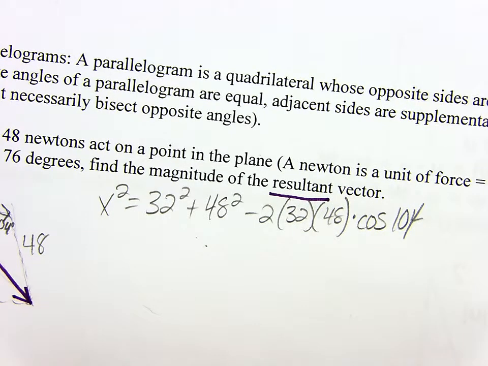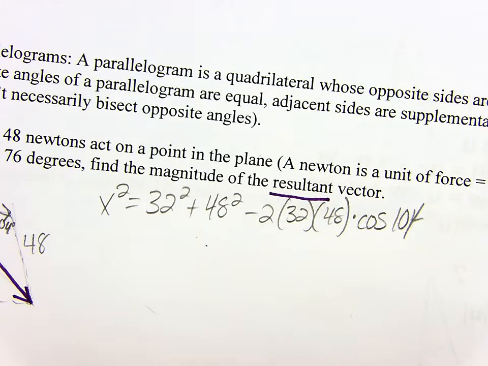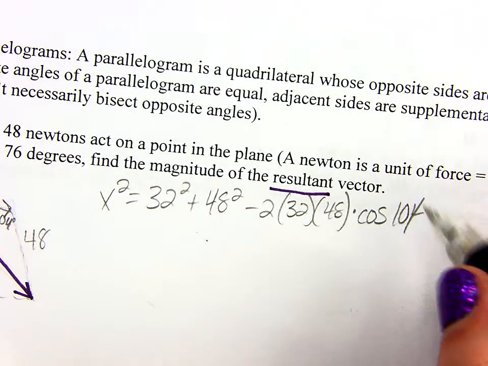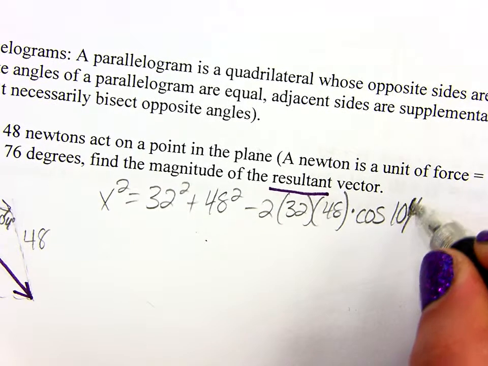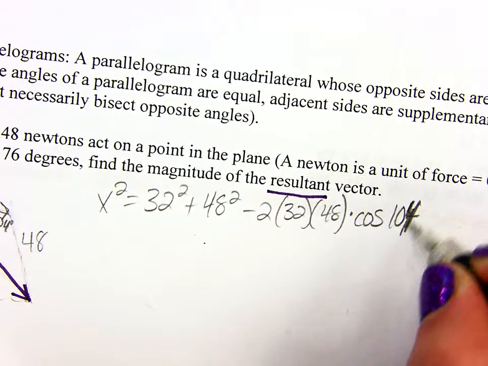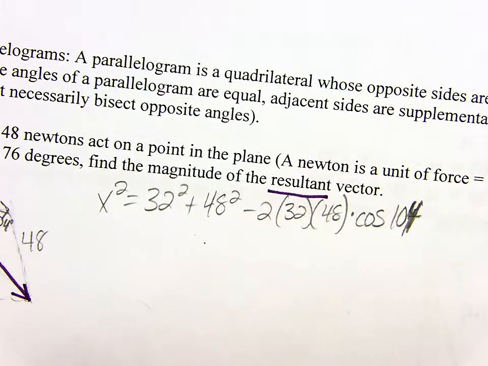So there's all my pieces, and now all I have to do is solve for x. What does that cosine say? Cosine of what? 104. Do you know where 104 came from? Yes. Okay.